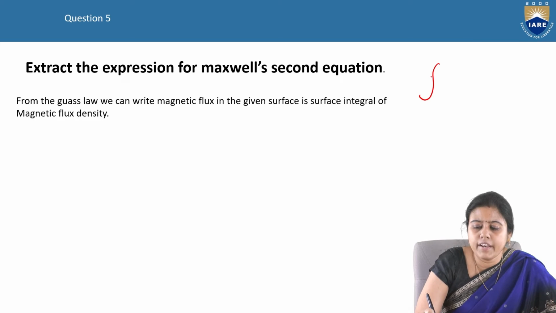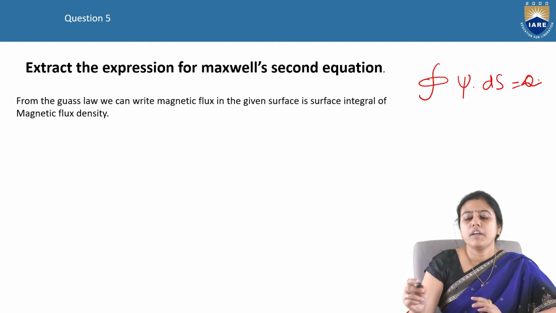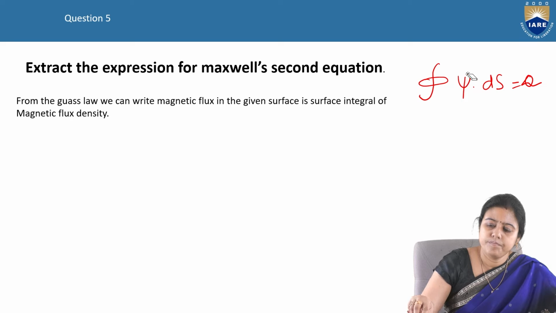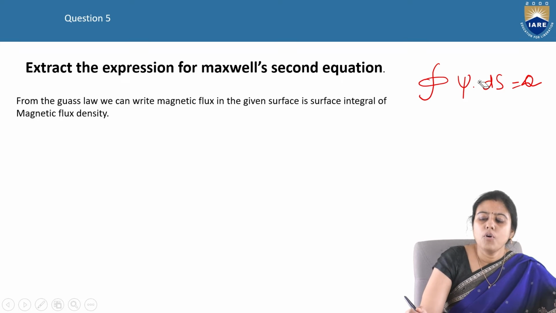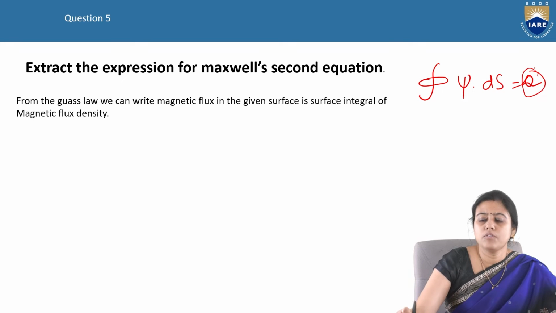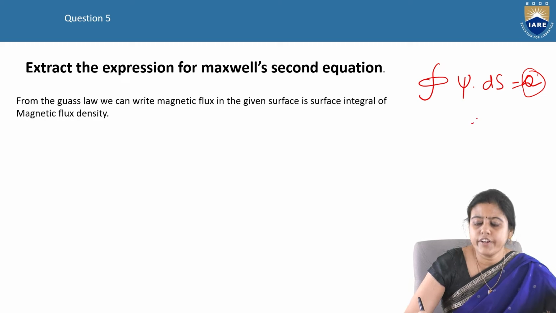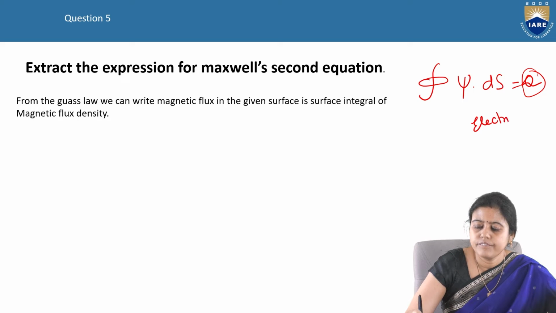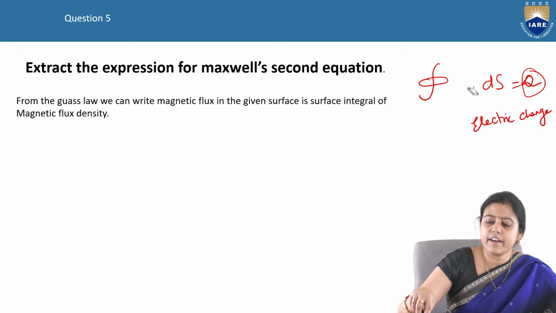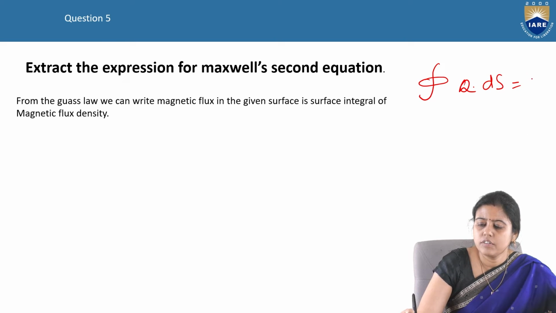For the electrical Gauss law we know that the integral of D dot ds is equal to Q.